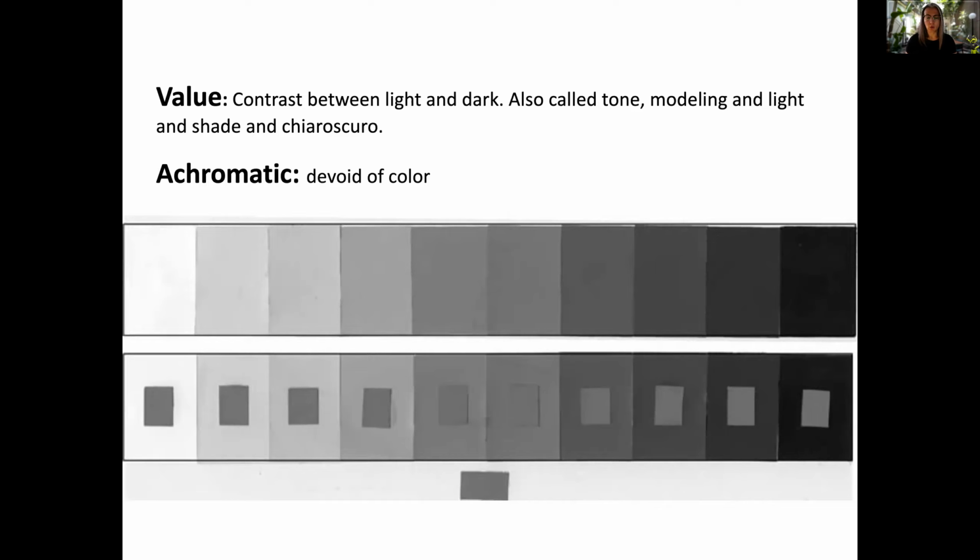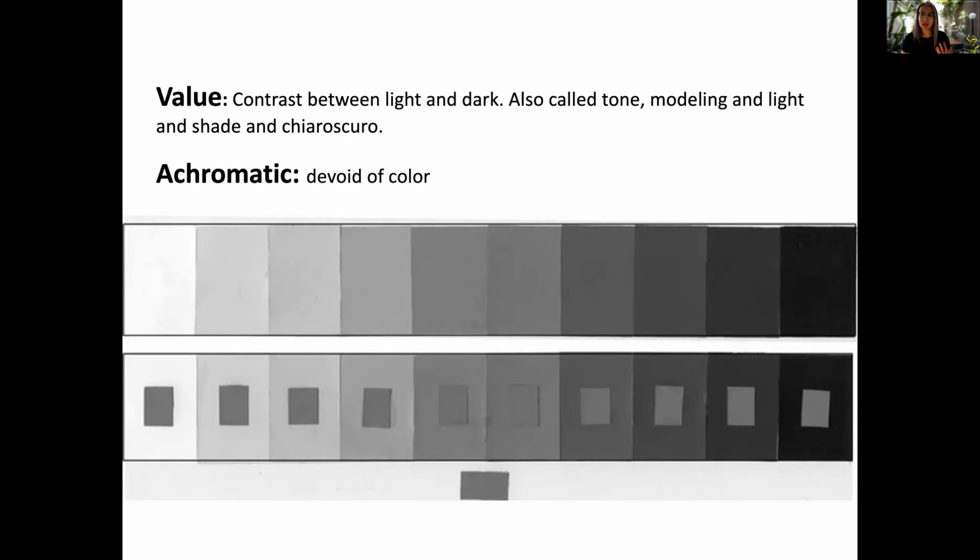As we're working with graphite, with charcoal, most drawing techniques, we're really talking about them as being achromatic. Achromatic means that they're devoid of color. When we get into color theory, which we don't cover in drawing 1, but if you take drawing 2 or painting, graphic design, you will, we will cover color in those classes.